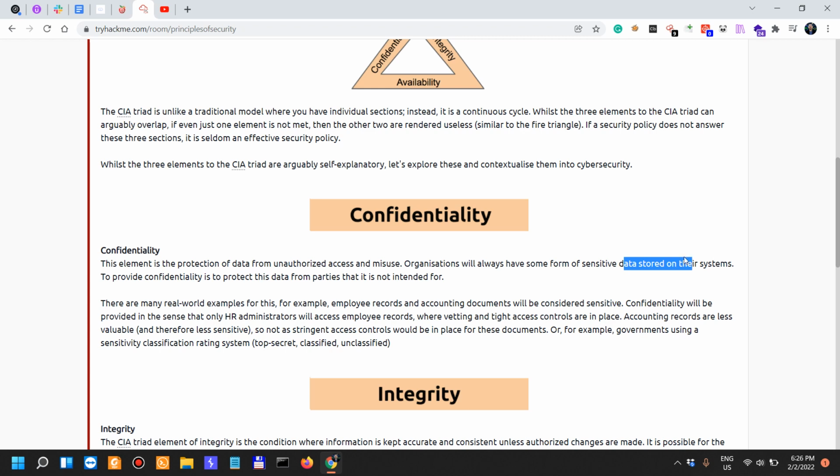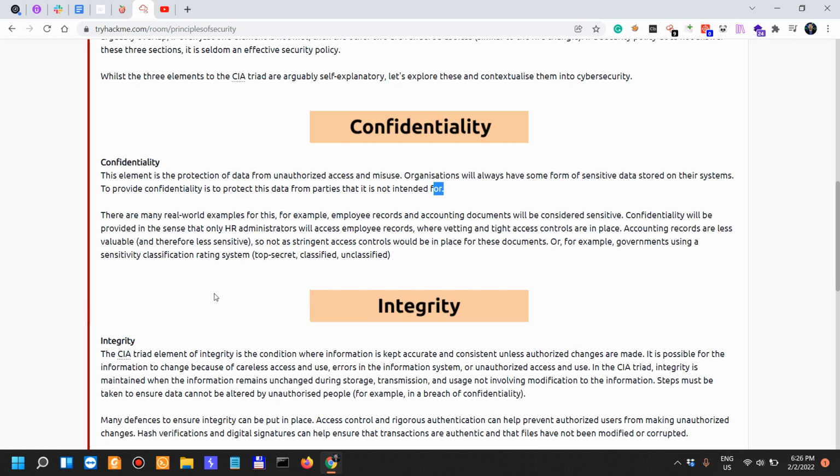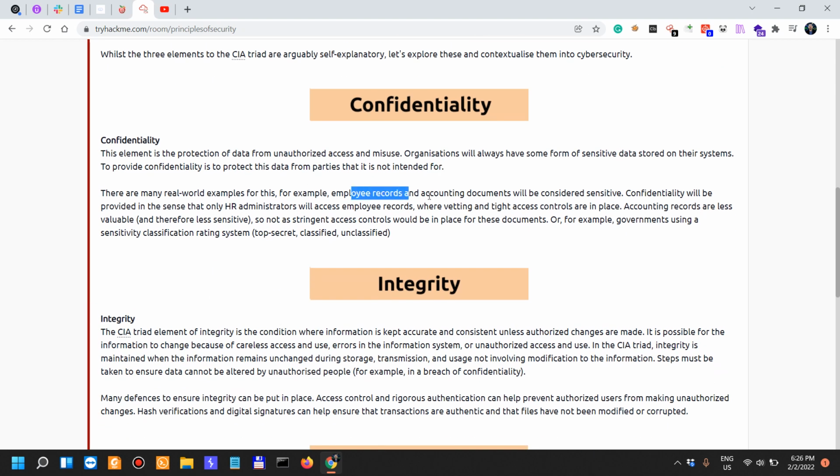What I would do in such a scenario would be to actually enumerate and try to see if you're able to pivot vertically and find as many assets of that company as possible and then try and reuse those passwords. To provide confidentiality is to protect this data from parties that it is not intended for. So from prying eyes. Employee records, accounting documents.